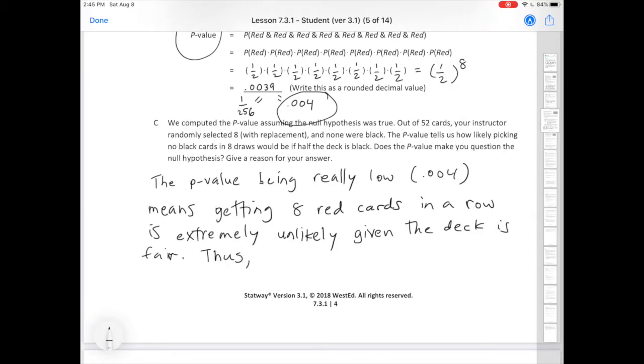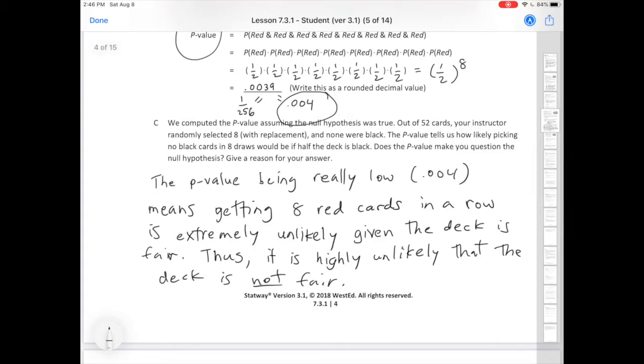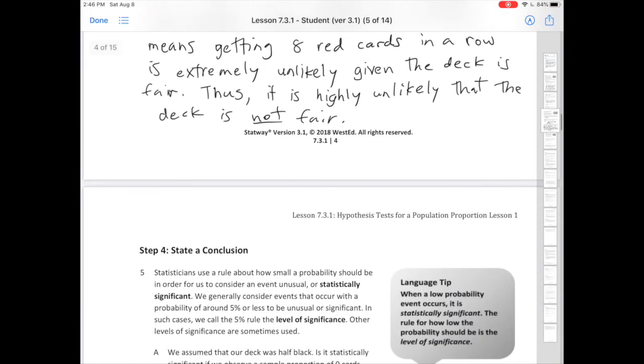Thus, it is highly unlikely that the deck is not fair. Okay? So let's move on here.